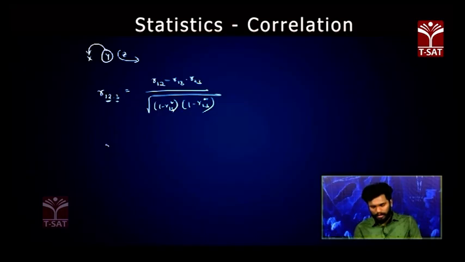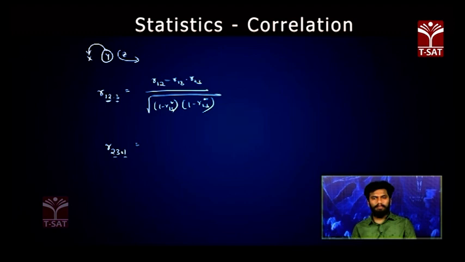The same way R23.1, that is, we are eliminating the effect of x on y and z, and finding only the correlation between y and z.